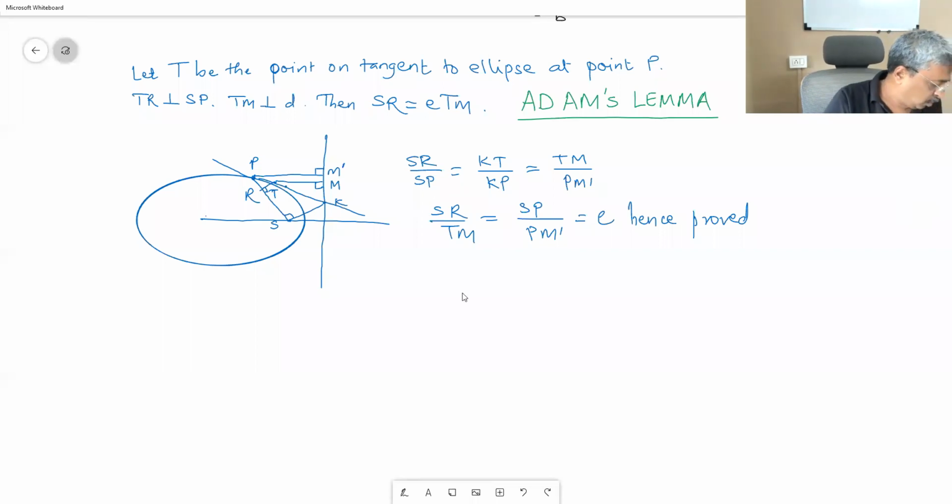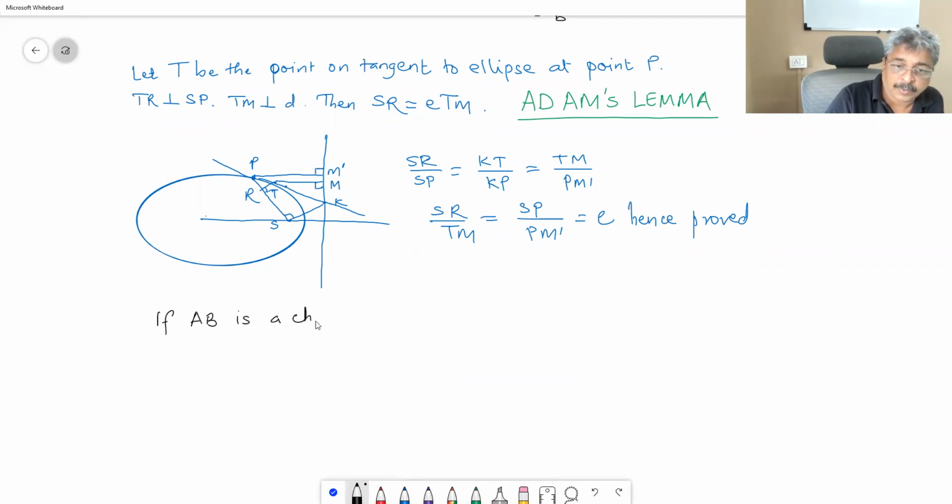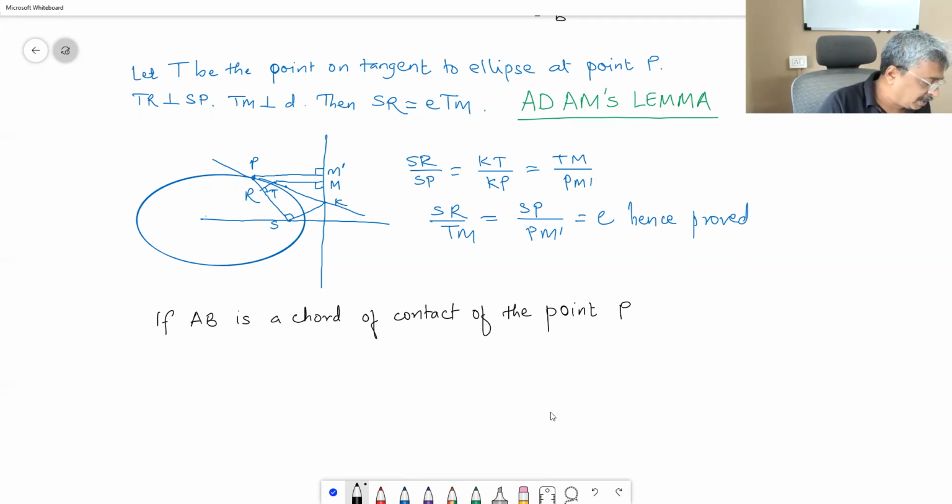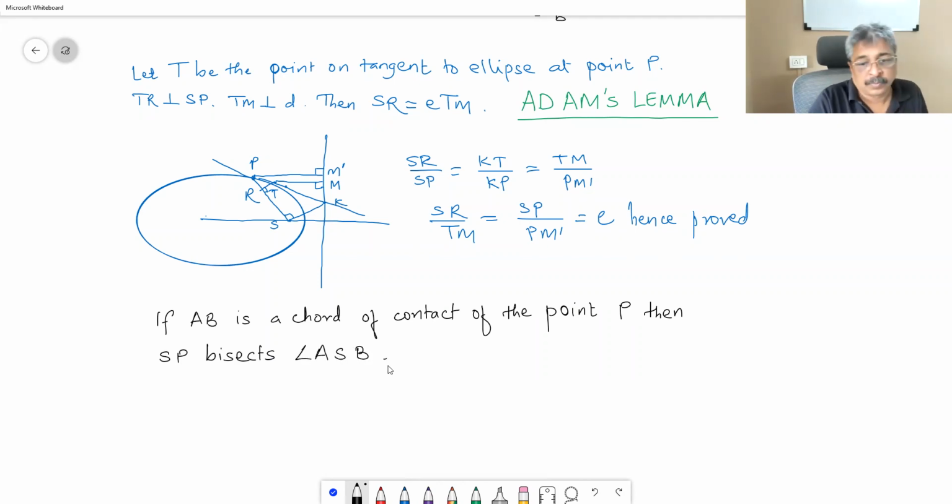Because Adam's lemma is true, if AB is a chord of contact of the point P, then SP bisects the angle ASB.